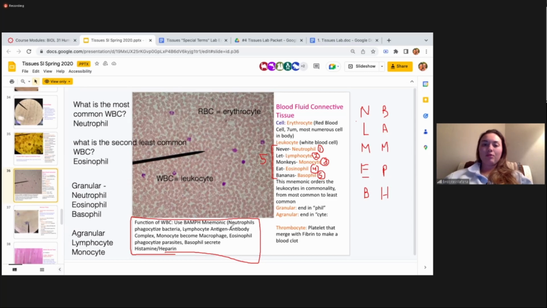Basically, neutrophils phagocytize bacteria. That's the B. Lymphocytes have the A, antigen-antibody complex. Monocytes become macrophages, M. Eosinophils phagocytize parasites, P. And basophils secrete histamine and heparin, which goes with H.